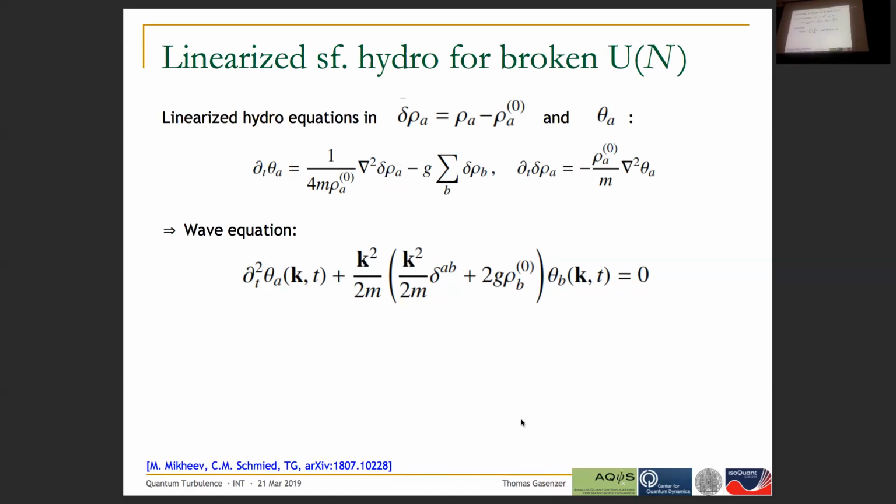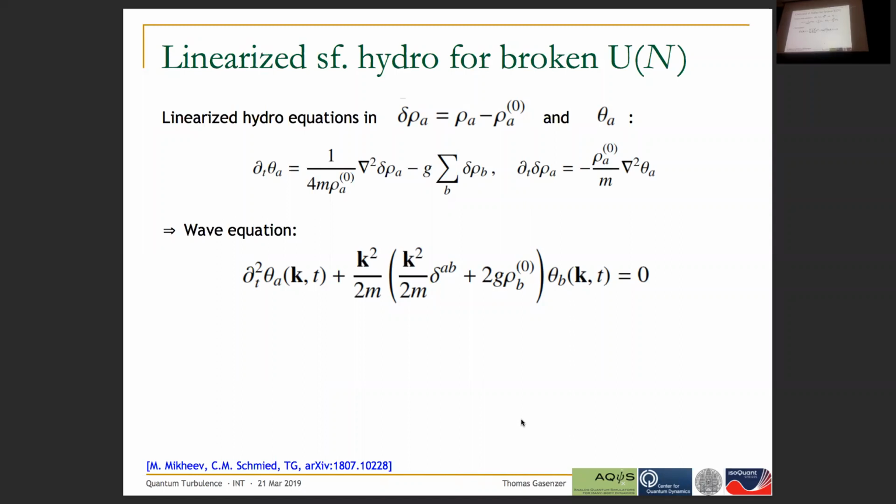Rho A0 is not 0; this is now essentially 1. So what I've of course just assumed is that I have a finite mean density. That's it. And I think it's a perfect approximation for that.